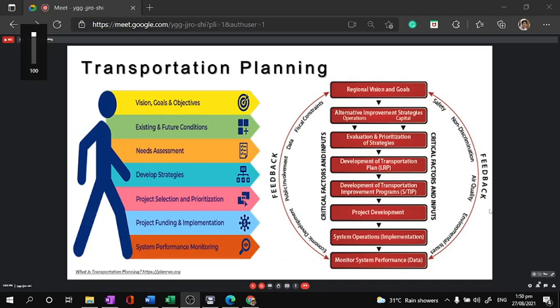We'll start with mission, vision, and goal, review of existing condition, up to systems performance and monitoring. It's a cyclic application. When we start with the mission, vision, or goal, we end with monitoring performance and then go back again to mission, vision, and goal. So it's a cycle of reviewing every project and every program being invested in for transportation engineering application for our community.